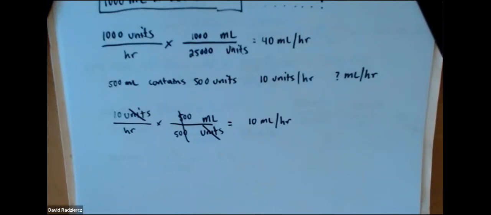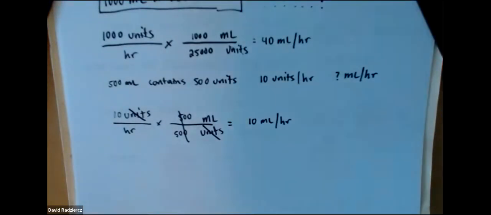Lastly, number 24, this is more about doing a combination of things. You have a 1,000 milliliter IV, it's infusing at 50 milliliters per hour. If the IV starts at 8 a.m. on Monday, what time will it finish? Sometimes they'll ask you to answer that question in military time, so you might say 0800, and then what time will it end?